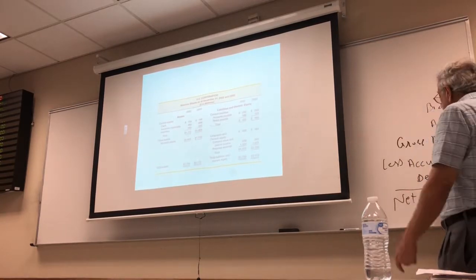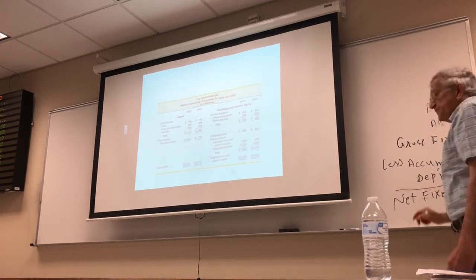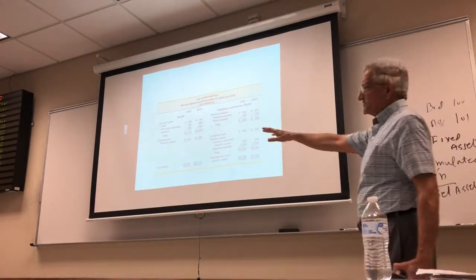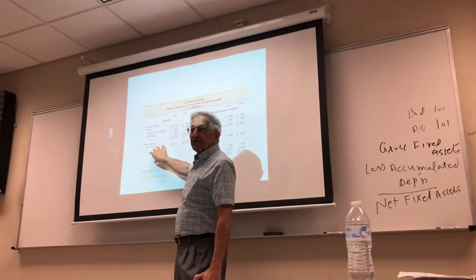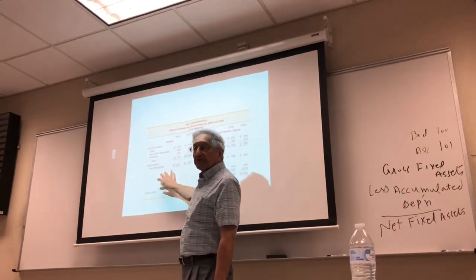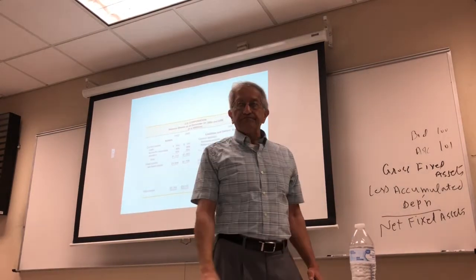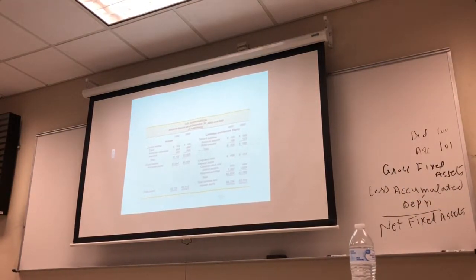So what you see on that balance sheet, now, this is not to say that companies don't give you more details. Yes, this is abbreviated. Okay, so generally you will see gross and you will see accumulated depreciation and net. So this is a very abbreviated balance sheet. Gross fixed assets minus accumulated depreciation over the years.